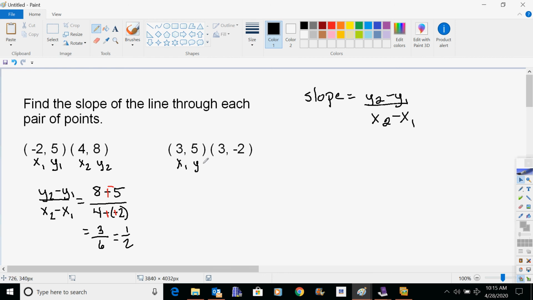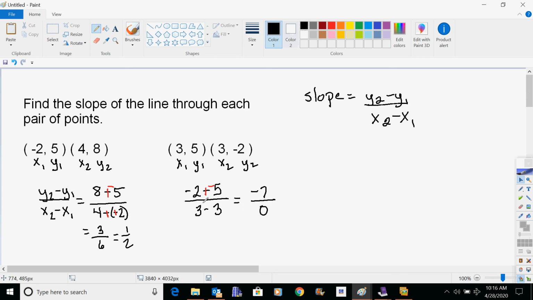x1, y1, x2, y2. So y2, negative 2, minus y1, 5, x2, 3, x1, 3. Keep change. Negative 7 over 0.